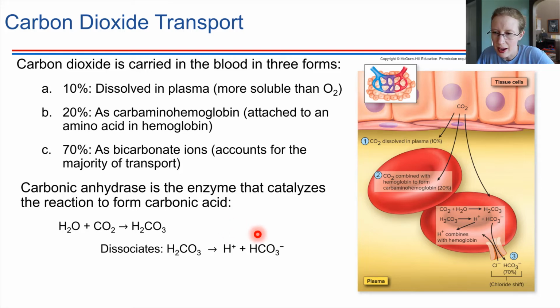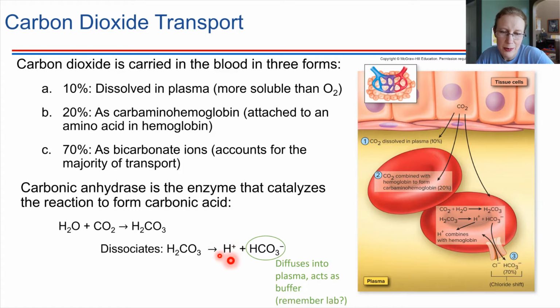The bicarbonate ion can diffuse out into the plasma. So right over here, bicarbonate ion diffuses outwards. However, this proton that was formed is not able to diffuse outwards, not very easily. So that means that the pH inside of this cell is starting to lower. It's becoming more acidic. And what happens is a chloride ion tends to rush in to counteract that.